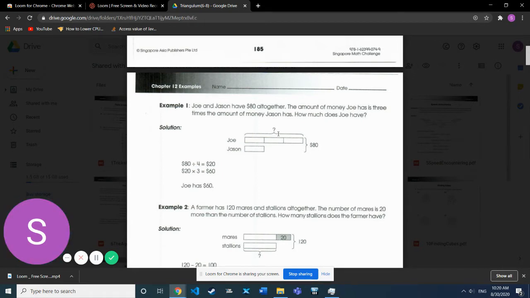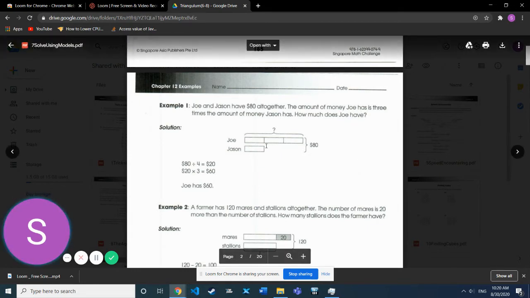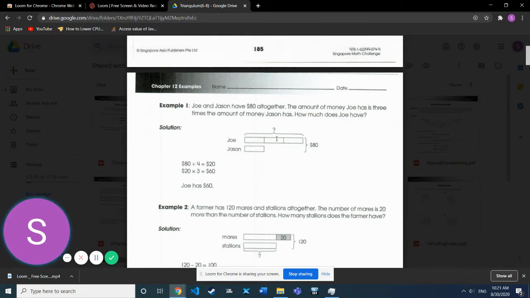So if you want to figure out how much money Joe has, all you have to do is multiply how much money each rectangle has by the number of rectangles. In this case, it's going to be 20 times 3. And this is way easier than using multiple algebraic equations to solve it.